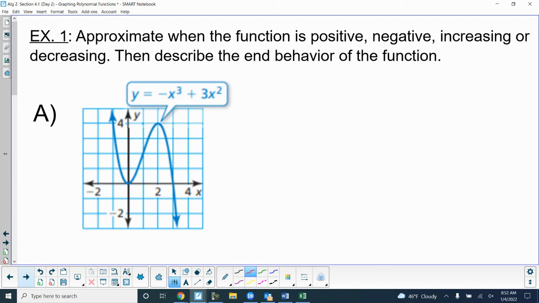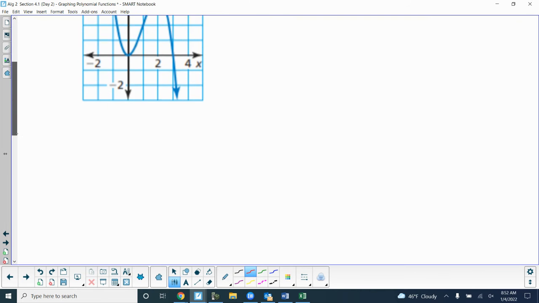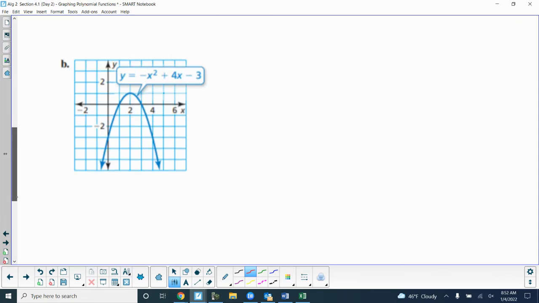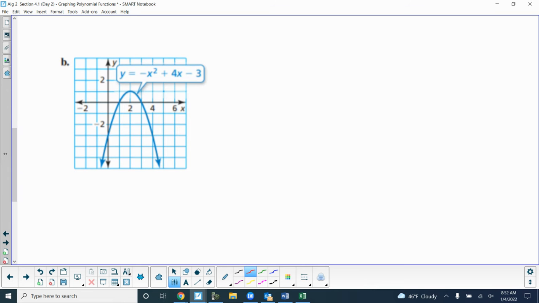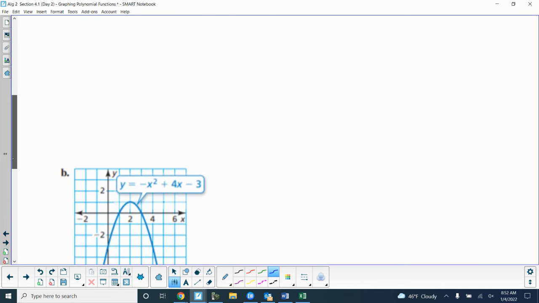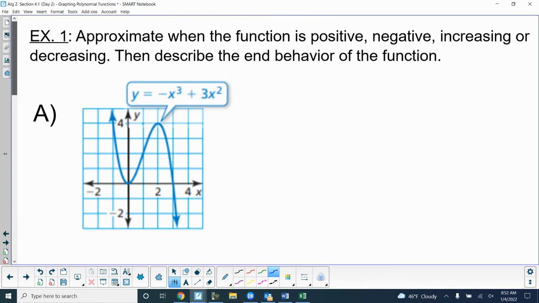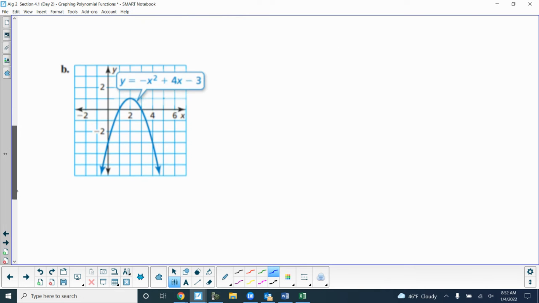Well, the end behavior part we got, we're not going to worry too much about that. It might be easier to understand this one first. Looking at B before we do A. All right, so blue they were making increasing. All right, so let's do, what's it ask first? Positive, negative, increasing, decreasing. All right, so let's just go over here.